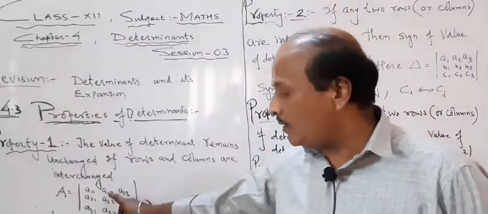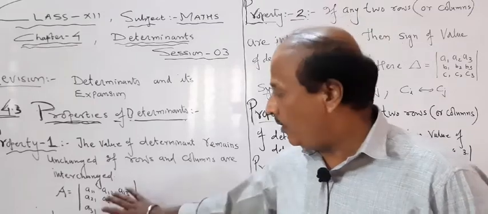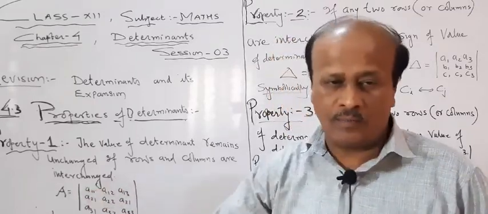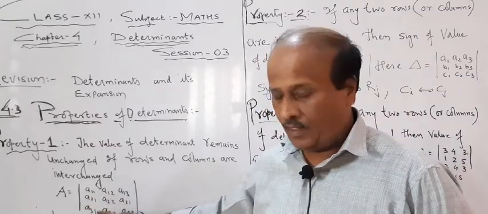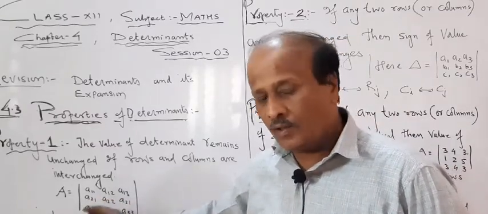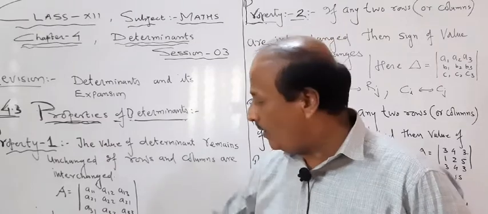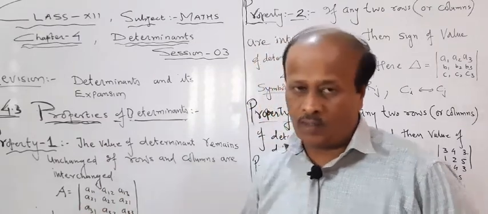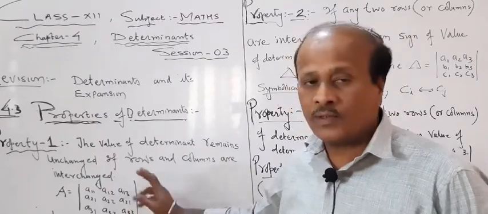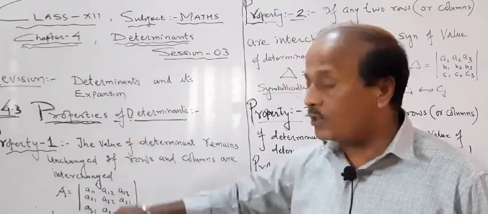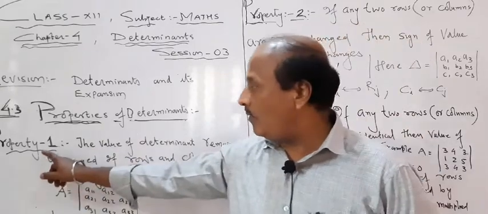If you are given any determinant and you find its value, as is given in your book as a proof, and then interchange the rows with the columns and expand it again, the answer both ways is going to be the same. Who says this? Property number 1.